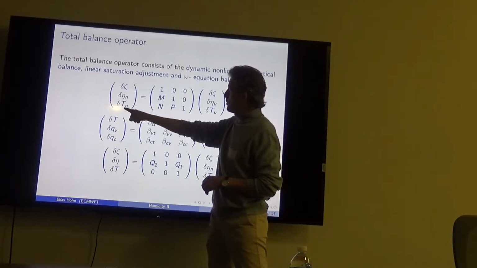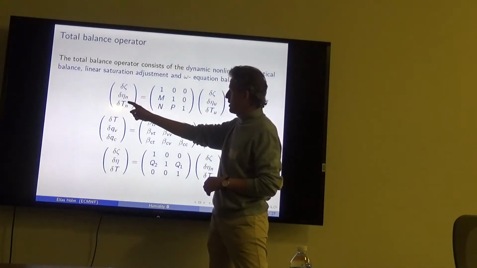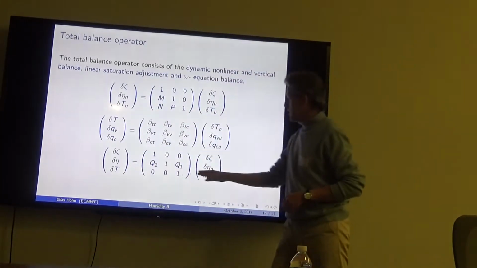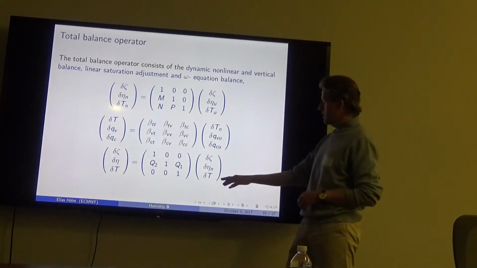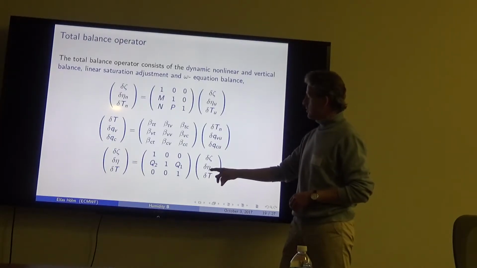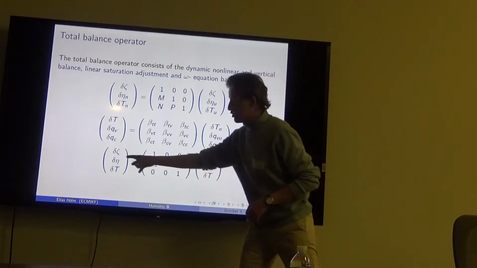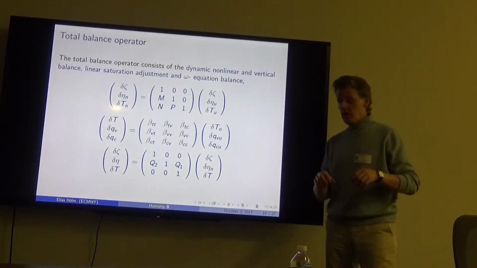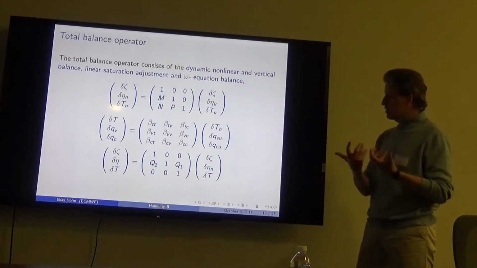We get some updated divergence in temperature increments. And then the next step would be to take that into the omega equation and get a further contribution to the divergence. So the divergence would adjust in response to temperature changes.